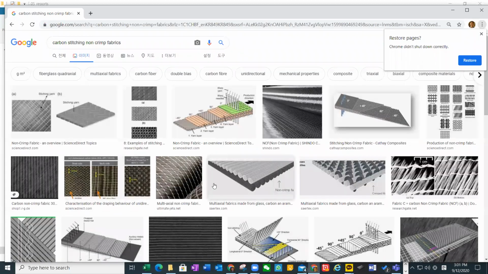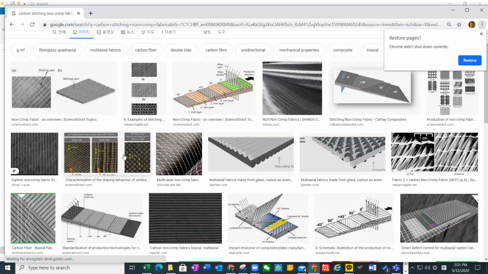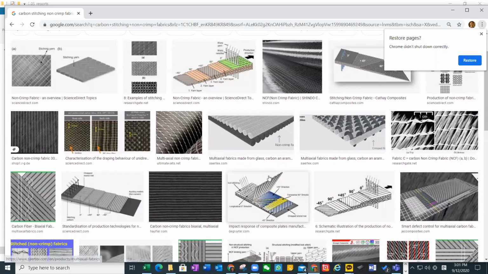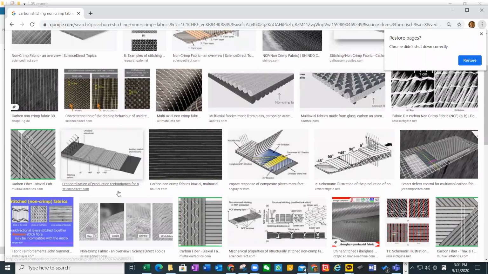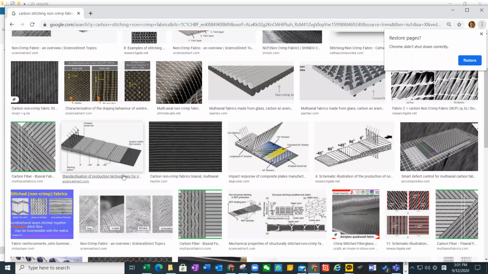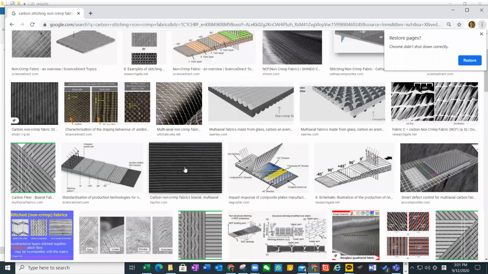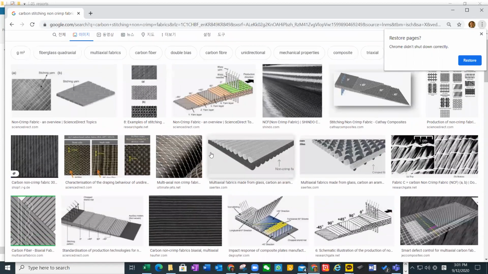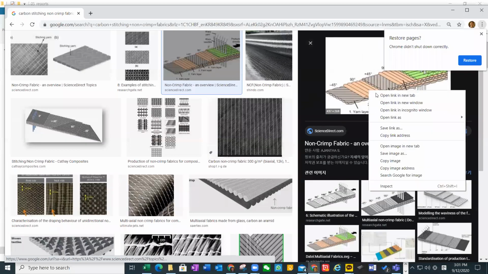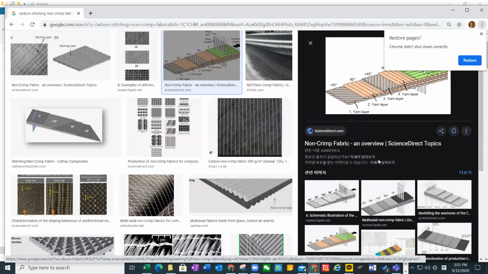See, in this case, we have a small stitching yarn, and with the stitching yarn we stitch each spread tow together. So this is called NCF. This picture is better to understand.